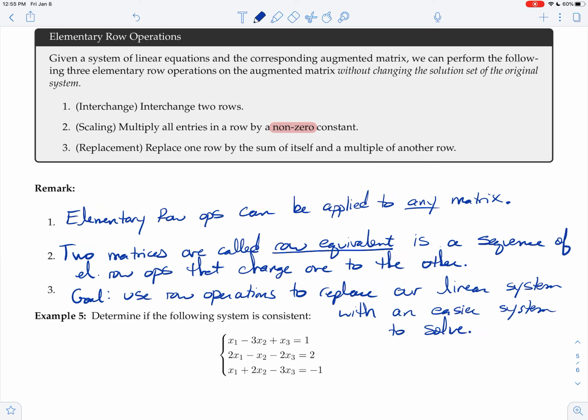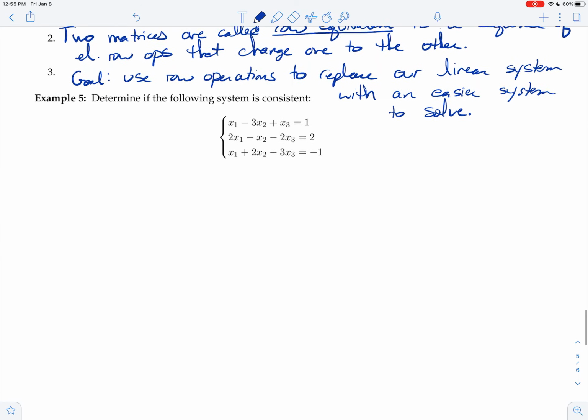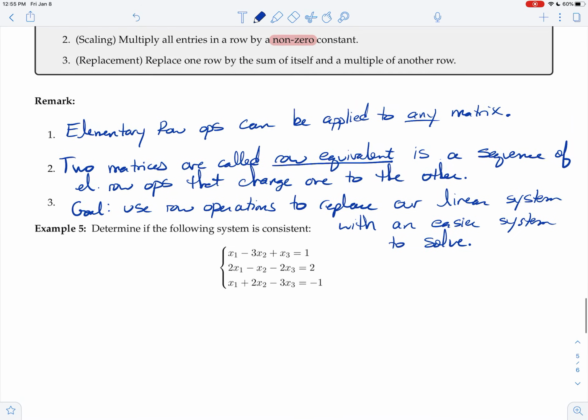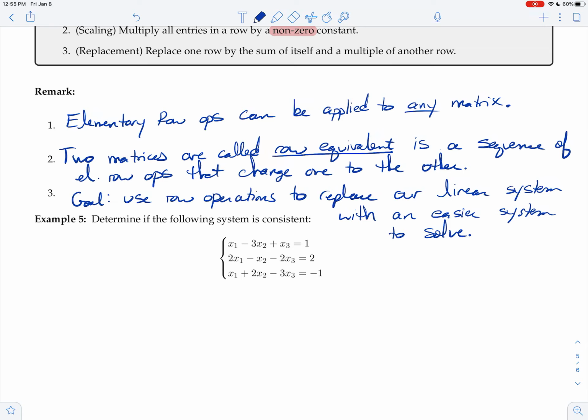And like I said, we're going to focus on this a lot in the next section, but I want to do one example of this with you. So we're asked to determine if the following system is consistent. Actually, you know what? Let's stop and do this in the next video. So we'll stop here, and then we'll do one more video and be done with this section.